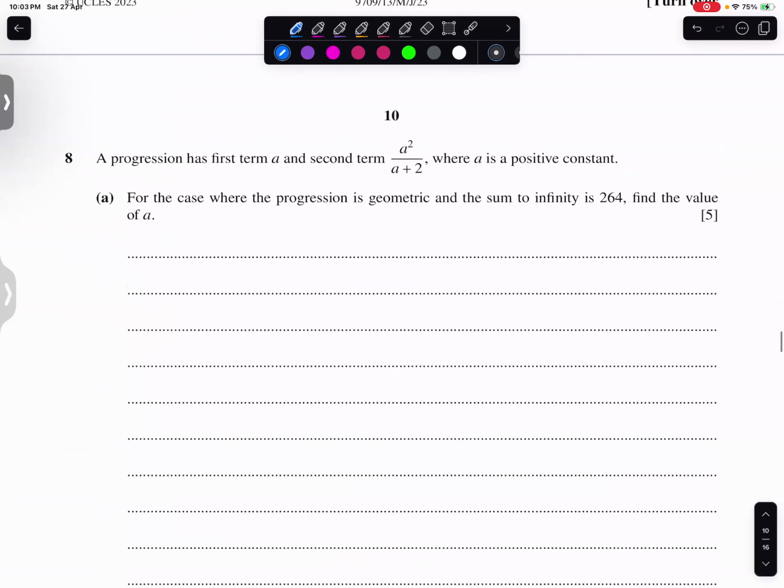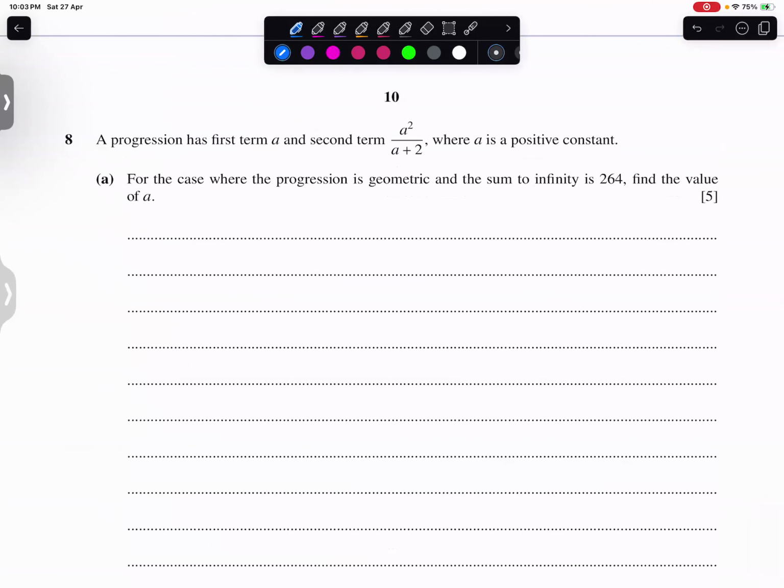A progression has first term a and second term a squared over a plus 2, where a is a positive constant. For the case where the progression is geometric and the sum to infinity is 264, find the value of a. If the progression is geometric, then the common ratio will be next term over previous term.